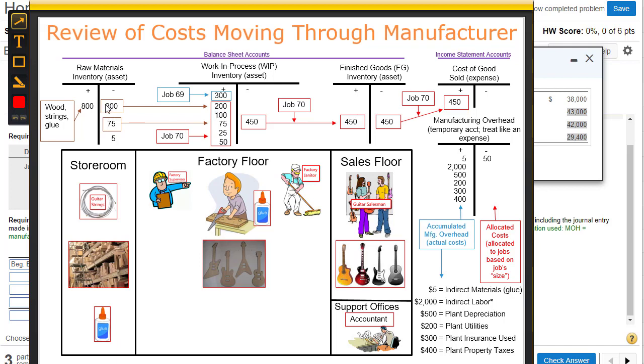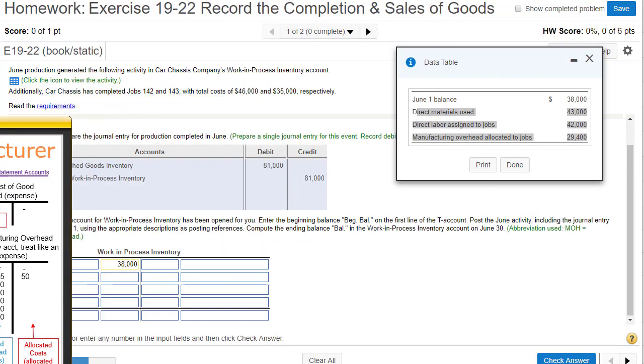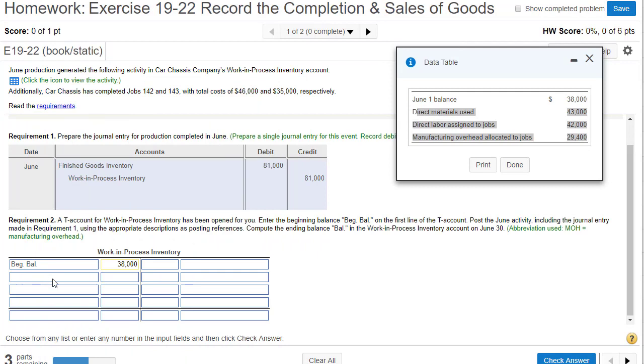The $200 was direct materials, $75 was direct materials, $100 and the $25 were direct labor, and $50 was manufacturing overhead. So here the costs are accumulating, and then later, when the job was finished, we had it leave the account and go to finished goods. So anyway, we need to increase the work in process account with the direct materials, direct labor, and manufacturing overhead. And those, of course, go over here on the plus side.